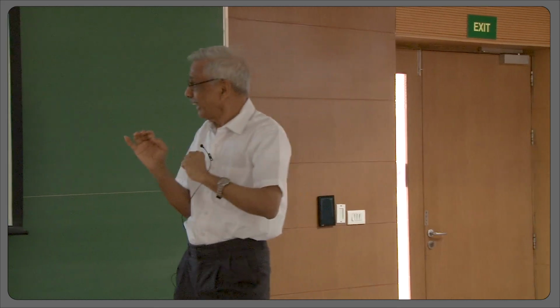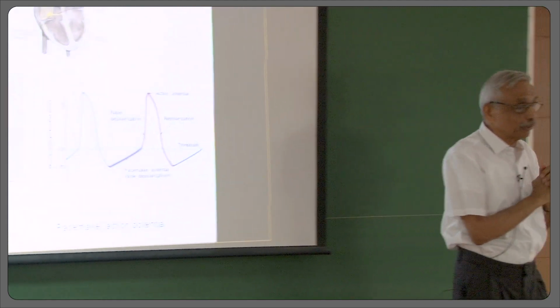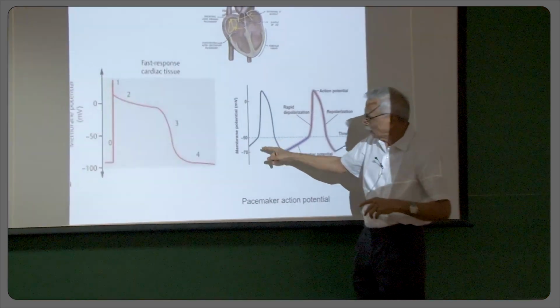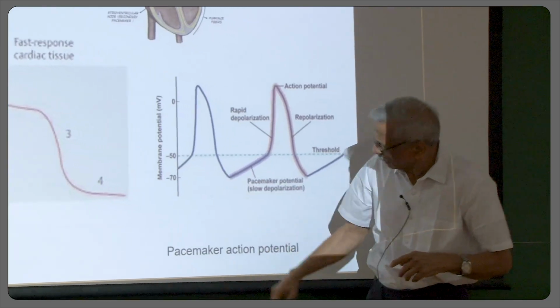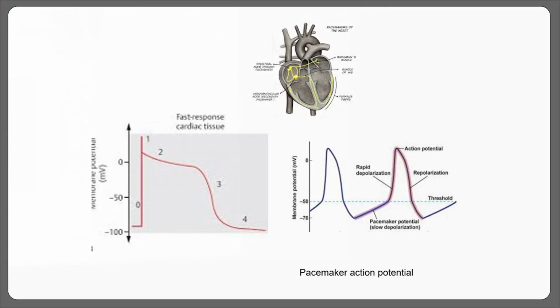Okay. And I get a pattern which is very, very different. To begin with, I find that the resting potential, whereas that was almost 90, this is about 65 or so, 65 millivolts. The resting potential of the two cells is not the same.